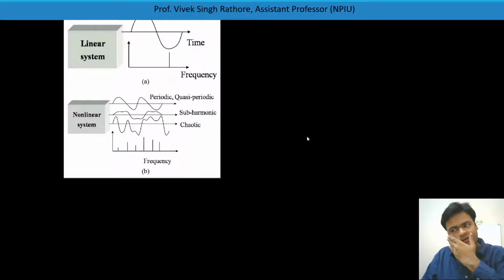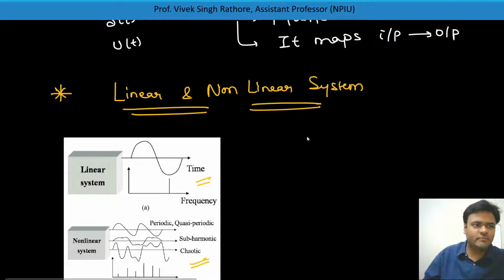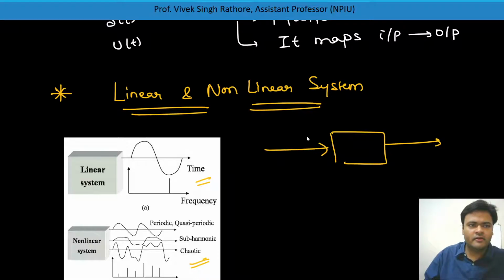For a system to be linear, from the diagram only you can understand how a linear system works and how a non-linear system works. So you can see from this figure only. If you are giving an input to a system and you are thinking whether this system is linear or not, it is producing like this or it is producing like this.